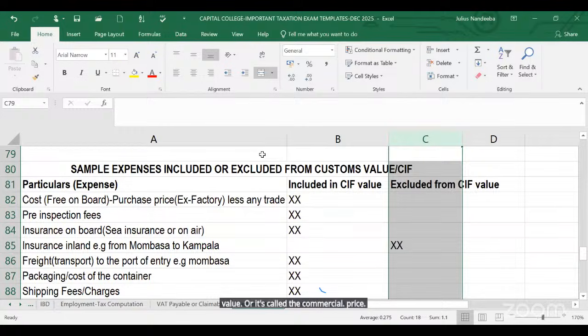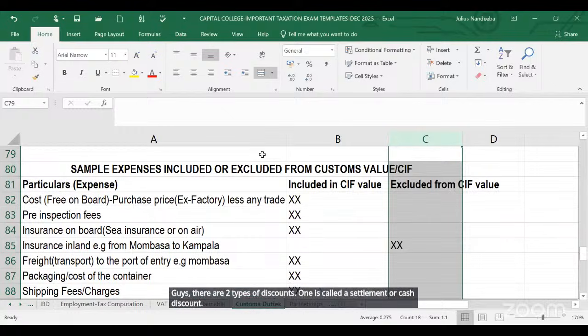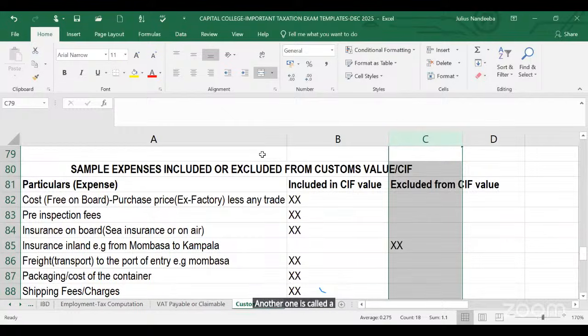The only thing that will affect that ex-factory price is when they gave you a trade discount. Guys, there are two types of discounts. One is called a settlement or cash discount. Another one is called a trade discount. The only discount that affects the ex-factory price is the trade discount.